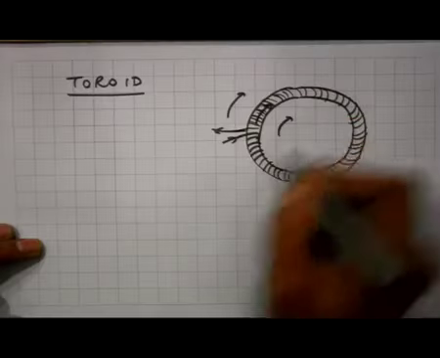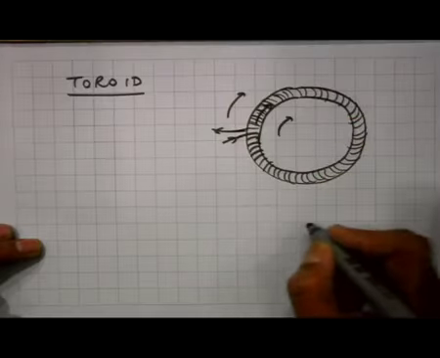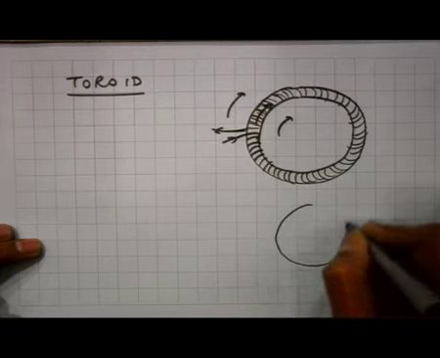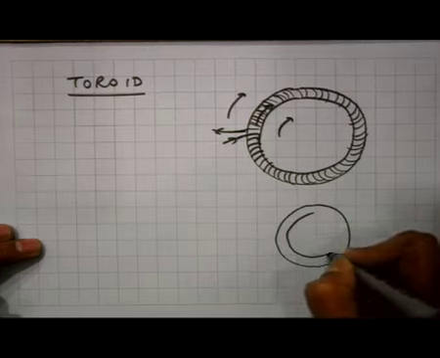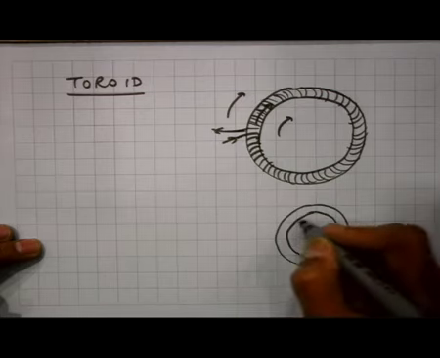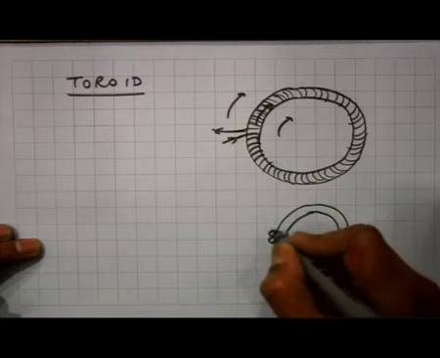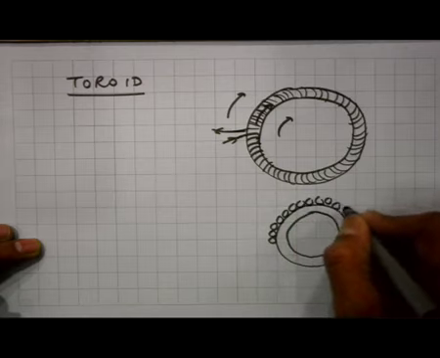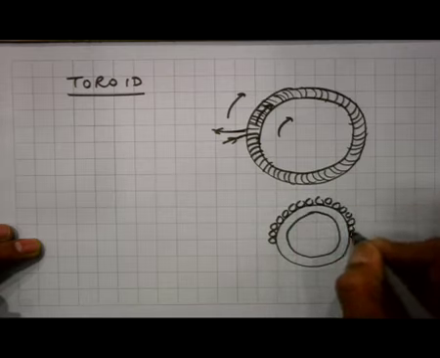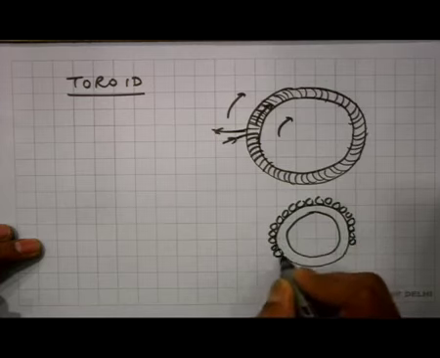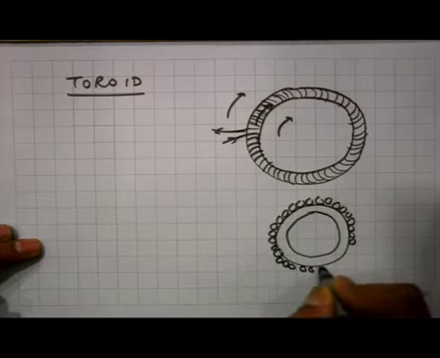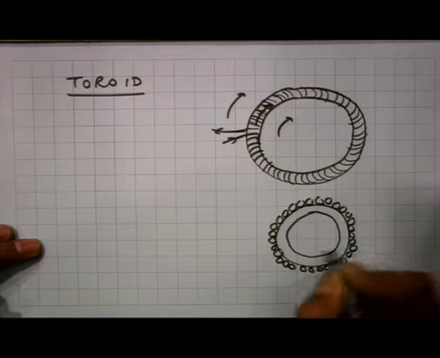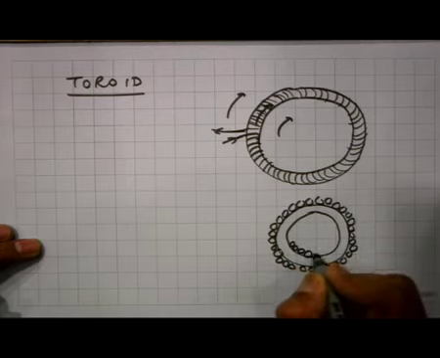So, let me draw the toroid in one plane here. There are coils coming towards me, there are current conductors here on the outside of this structure and on the inside of the structure.